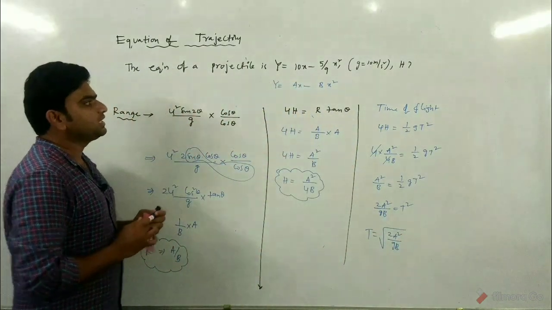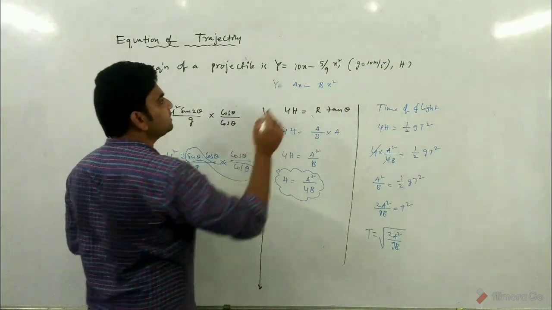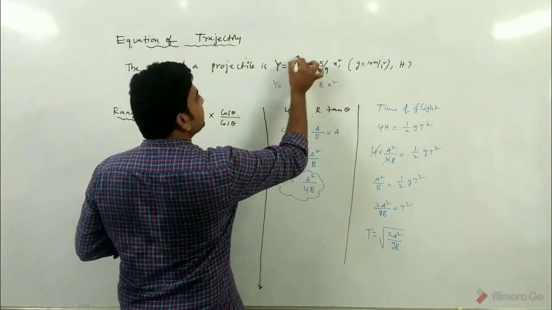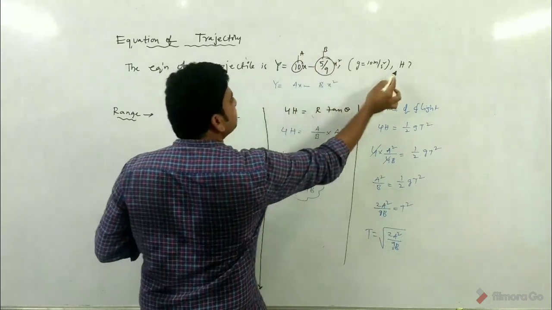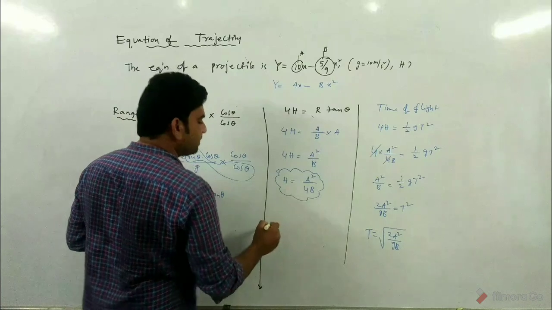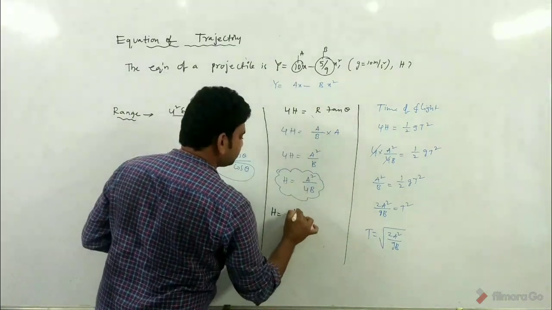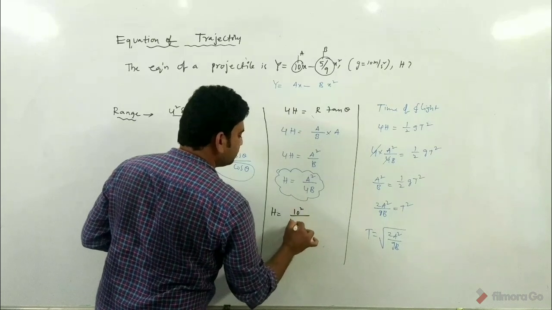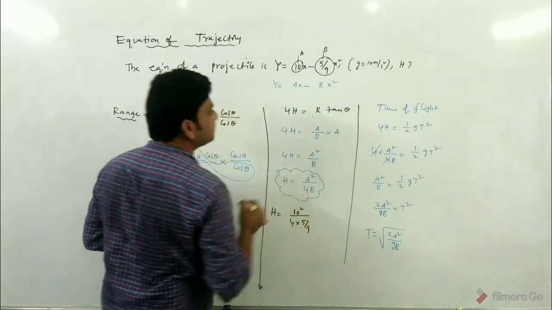The question is asking what is the maximum height, right? So this 10 value is nothing but my a, and 5 by 9 is nothing but my b. For the maximum height, the formula is a square by 4b. So h is equal to 10 square by 4 into 5 by 9.